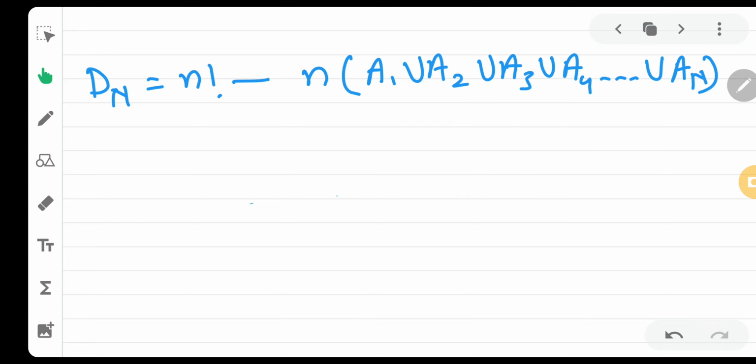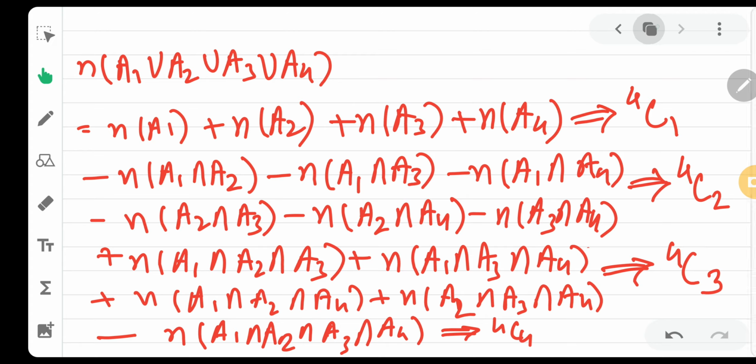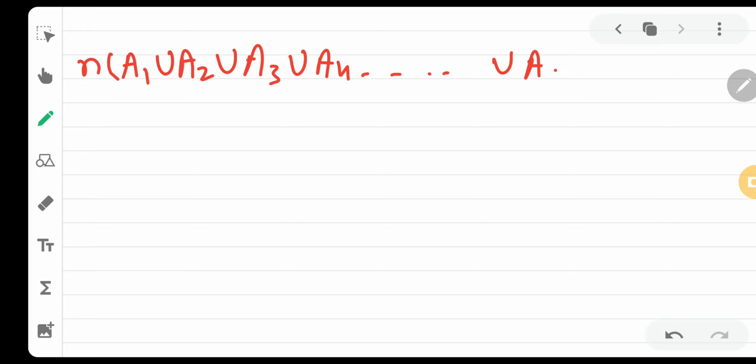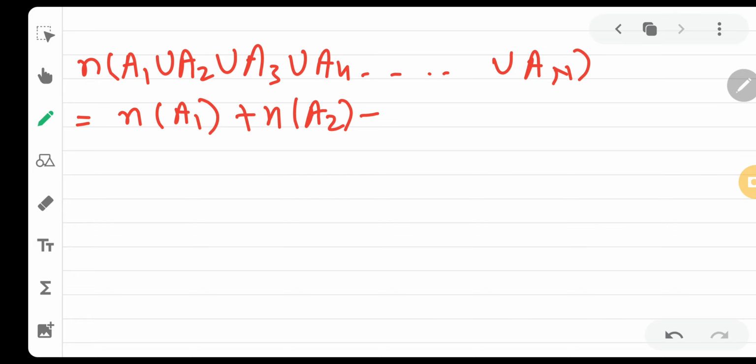Now if we apply the same logic for the number of A1 union A2 union A3 union A4 up to AN, what will be the answer? This will be very, very interesting. Let us see. Number of A1 union A2 union A3 union A4 and so on union AN. First of all, we will take all the single elements: number of A1 plus number of A2 plus number of A3 and so on, plus number of AN.